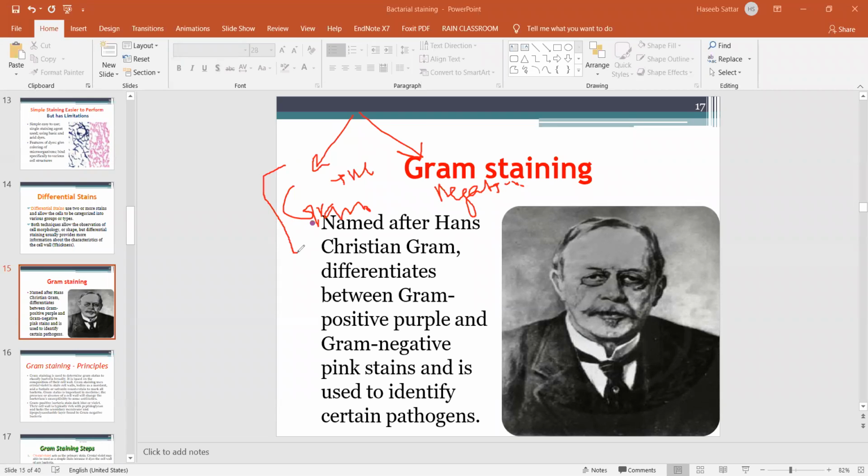After gram staining, they retain a purple to blue color, or bluish to purple color. While gram negative bacteria are those which cannot retain the gram stain. These bacteria are colored pink, or red to pink.